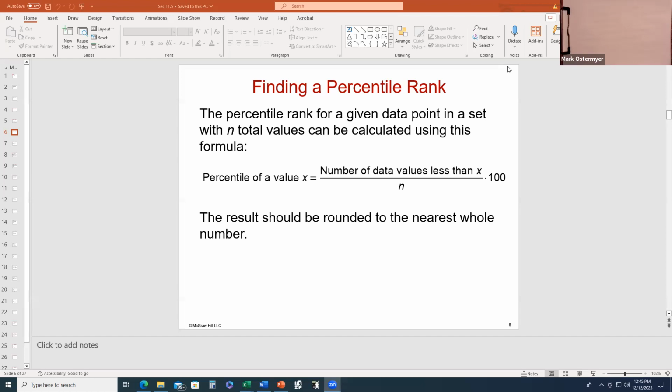I don't think you'll have that problem on Alex, where you're splitting hairs like that. If you get like a percentile rank of like 65.5, should you call it 65% or call it 66%? I don't think you'll have that problem on Alex. If you do, bring it to my attention if your problem's marked wrong, and I'll go take a look at it. And in all likelihood, give you back your point or points there. Okay.